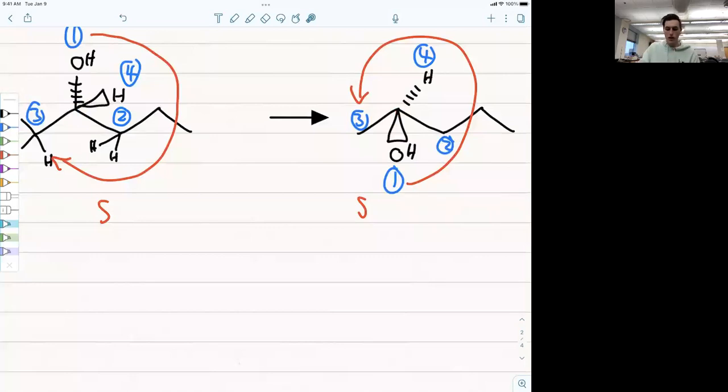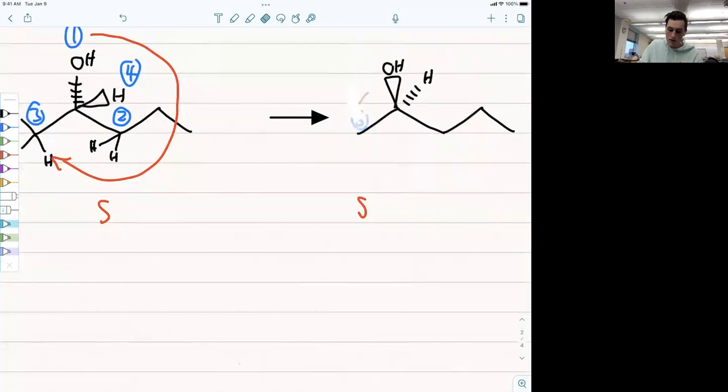And the way we did R to S here, this is actually what we do. You would just flip it around to make it in this configuration, if you're trying to flip it to the proper thing to get your priority group in the front. So that's why it's so important to remember where your group is, because if I were to move my OH up to the top and keep it on a wedge, now it's the same priority, but it's a different spot. So it's 1, 2, and 3.